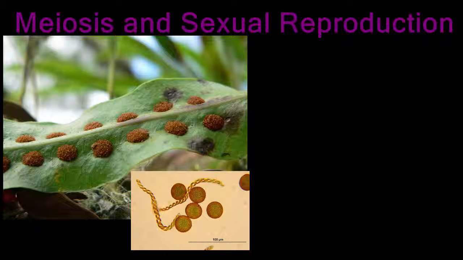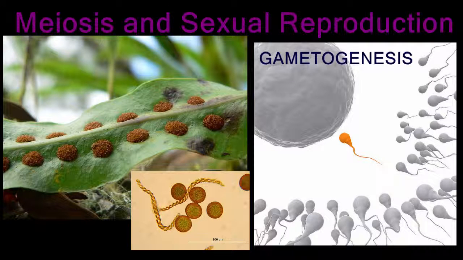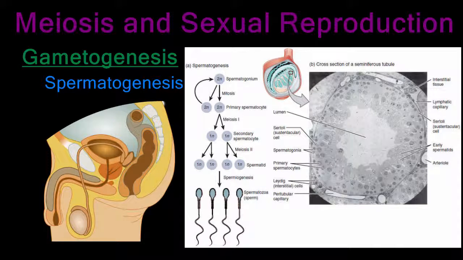Meiosis can be used to create haploid spores in plants and haploid gametes in animals. Let's take a closer look at gametogenesis in animals, the process of making egg and sperm through meiosis. In male animals, the process of making sperm, or spermatogenesis, occurs in the testes. The process begins with diploid cells called spermatogonia, which divide by mitosis to produce primary spermatocytes.